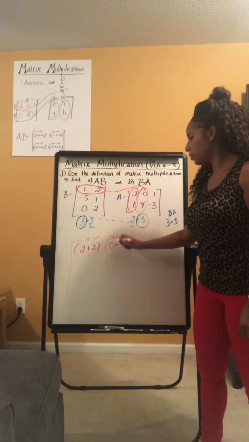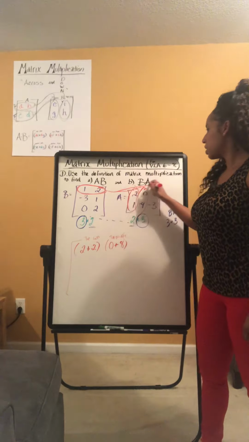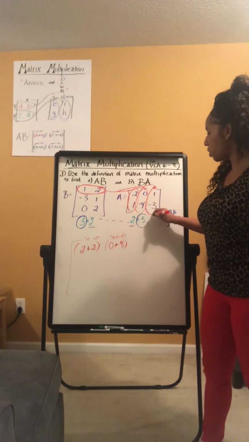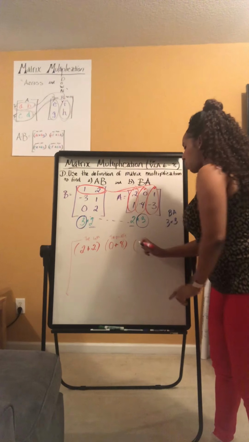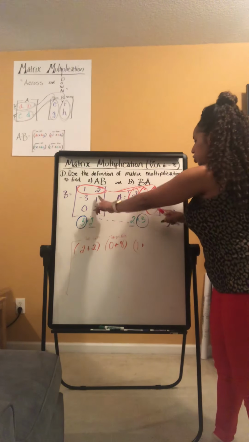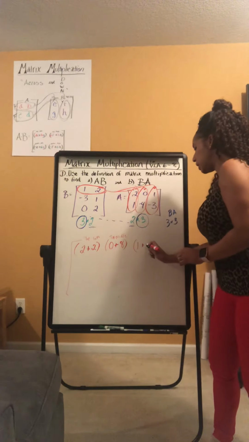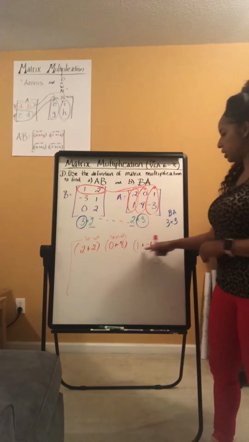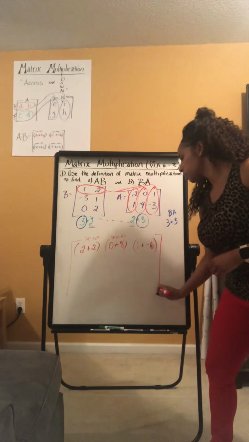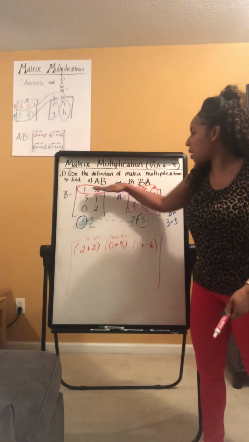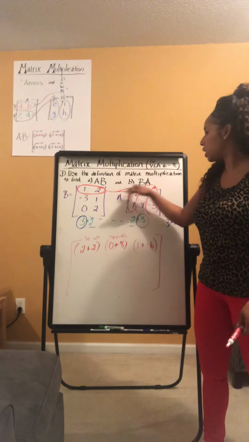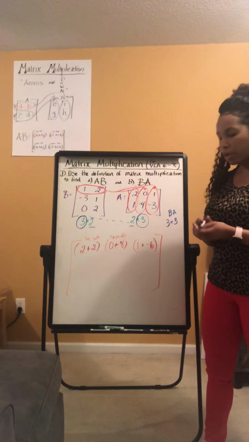The top row has one more column: 1 times 1 is 1, plus 2 times negative 3 is negative 6. We could have written minus 6 here, but that's fine. So I have sent the top row down all 3 columns. There are no more columns left.